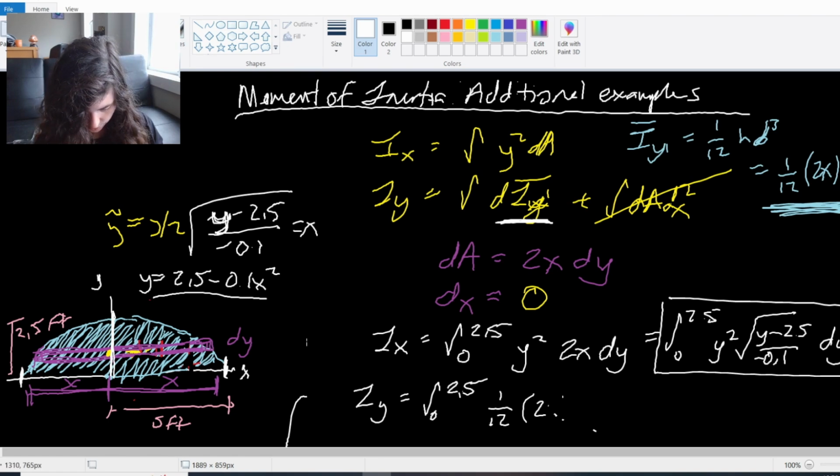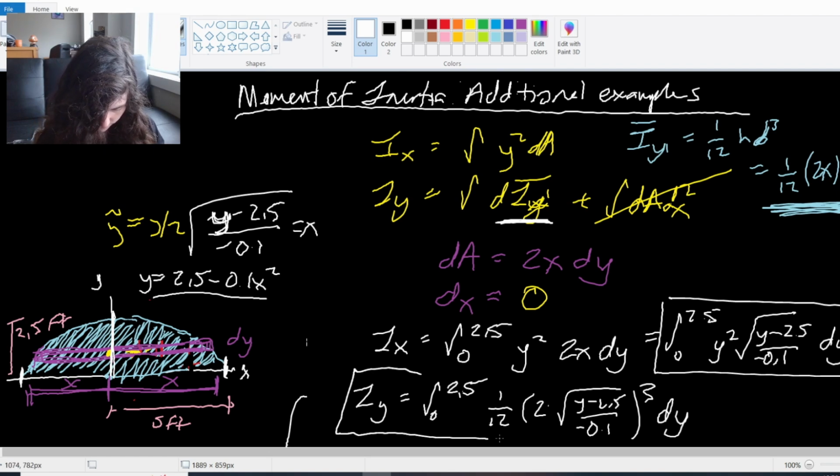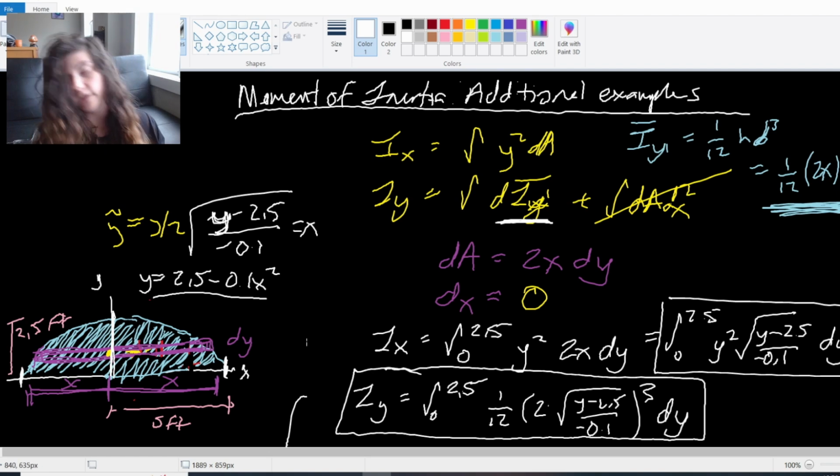Erase that x term. 2 times the square root of y minus 2.5 over negative 0.1, all cubed, dy. And that would be my integral for my moment of inertia about y.